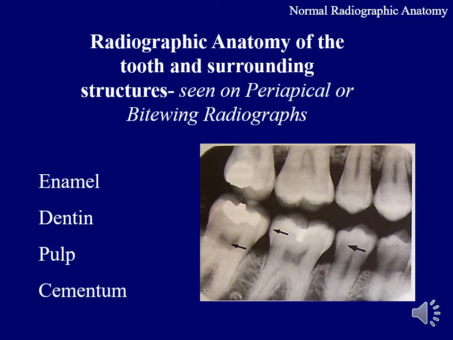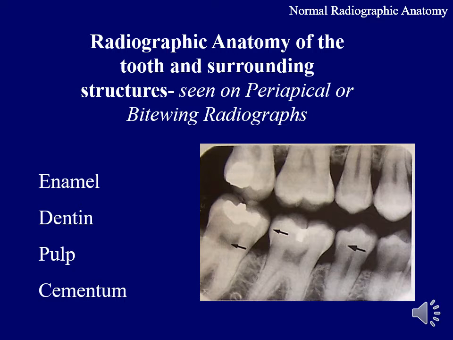Coming down to a fourth important structure, that is pulp. Pulp is a soft tissue that appears completely radiolucent, that is completely black. As age increases, the pulp chamber, or the size of the pulp, will reduce.